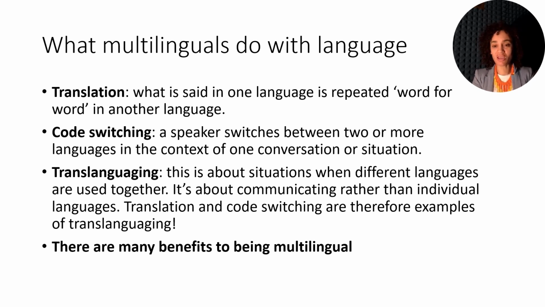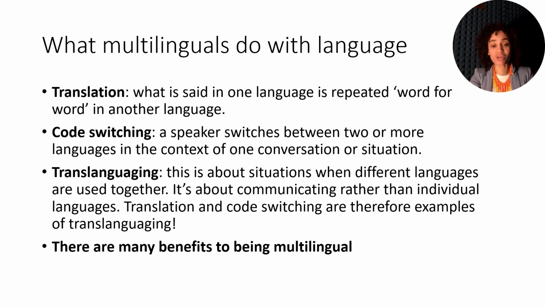Code switching, on the other hand, note that the word code here means the same as variety, so it's switching from one variety, one language, to another. And you can see here that it doesn't need to be two languages; it could be two or more languages that are involved when we're code switching.